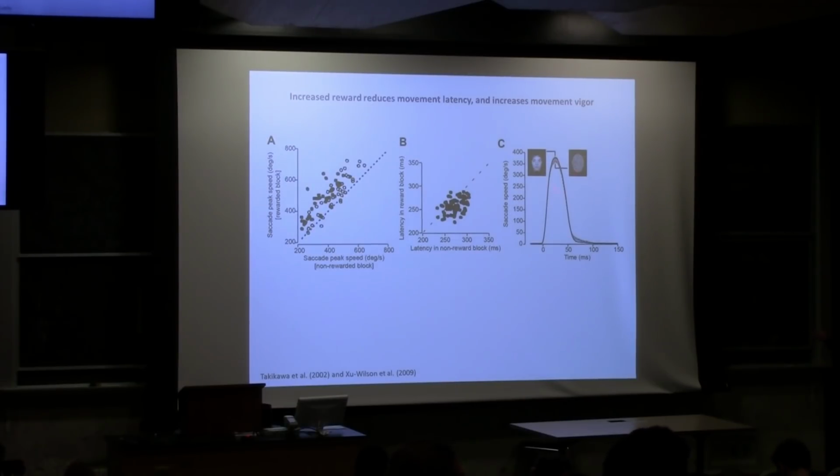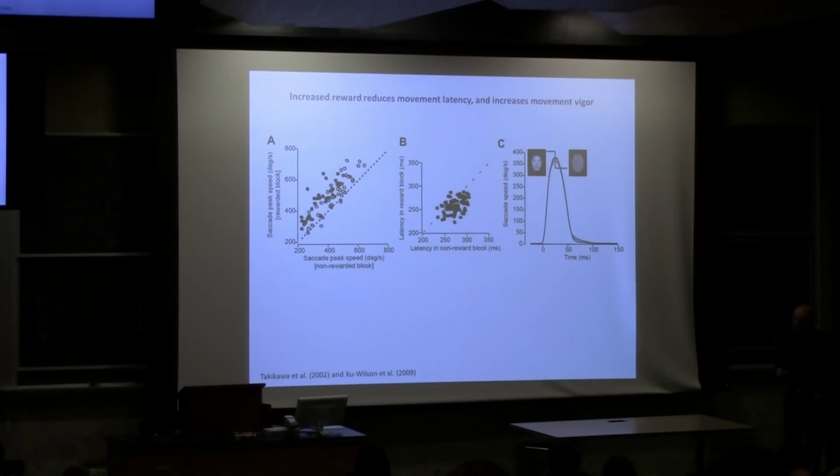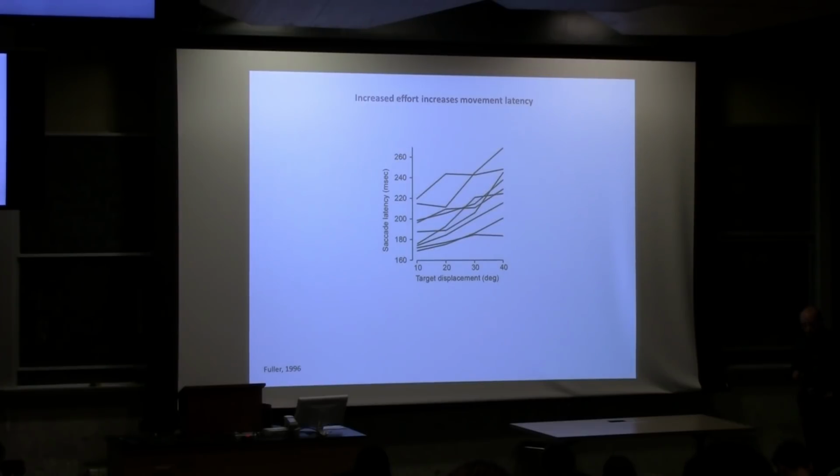And this is data that we saw on Wednesday. The saccade itself is more vigorous when the stimulus is more rewarding. So reward makes it so that you have an earlier movement and you make a faster movement. What about effort? Well, you can make saccades that are short, 5 degrees, 10 degrees, and you can make saccades that are long, 40 degrees. And you can see how long it takes before you start the movement.